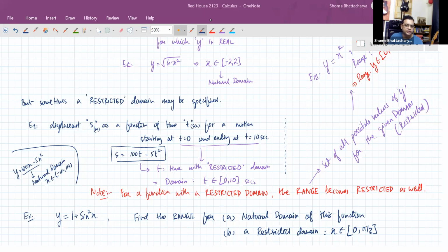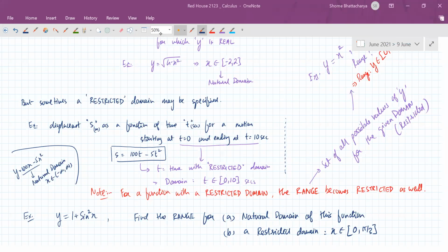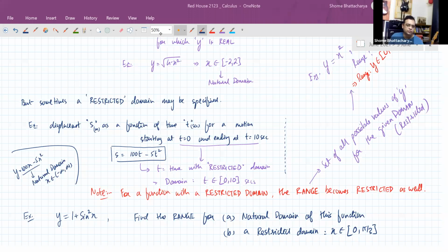The whole idea of functions is to be able to relate physical parameters. So most of the time we are applying functions to real life applications of physical situations, so there may often be some kind of restriction on the domain. Of course, there are certain situations where there won't be any restriction on the domain, but generally speaking, in physical situations there will be some kind of restriction.